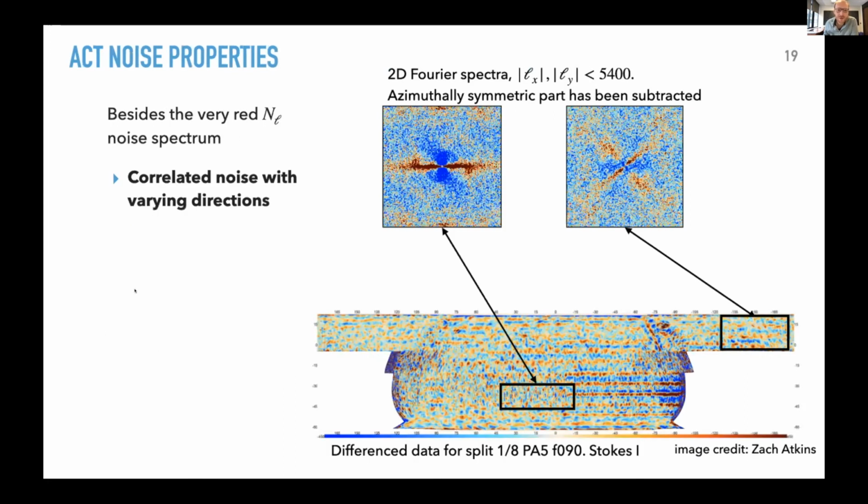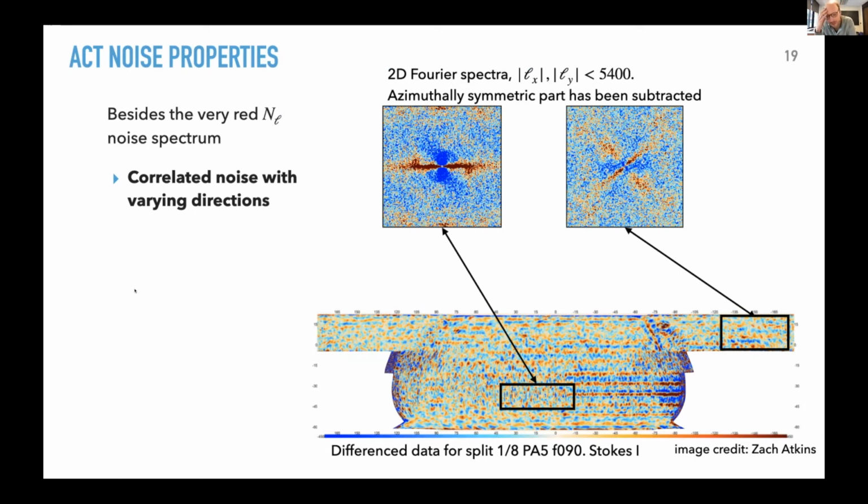Okay, but now moving on to our noise properties in the map and the stuff we're trying to simulate. So ACT, as I said, has this very red noise power spectrum, but it's more complicated than that. The noise is correlated in a sort of stripy manner.